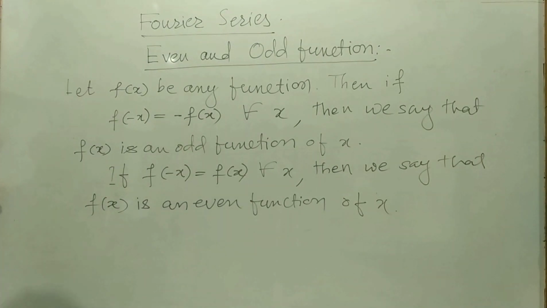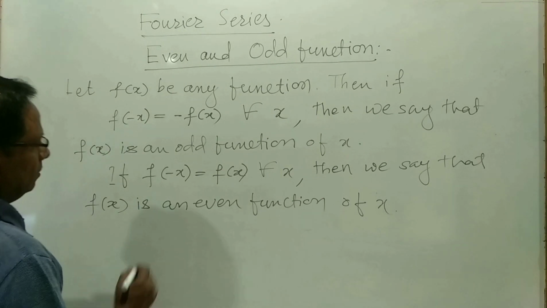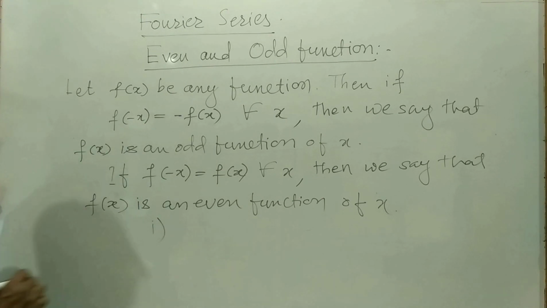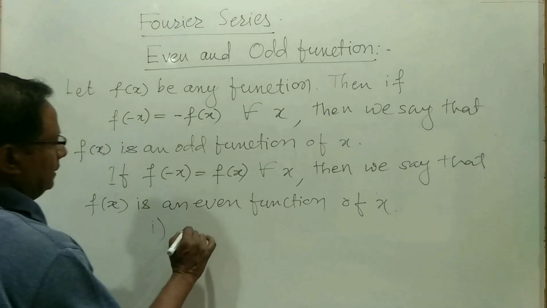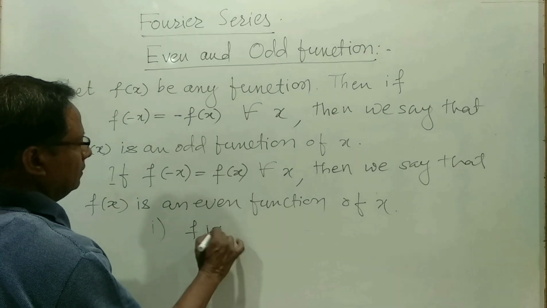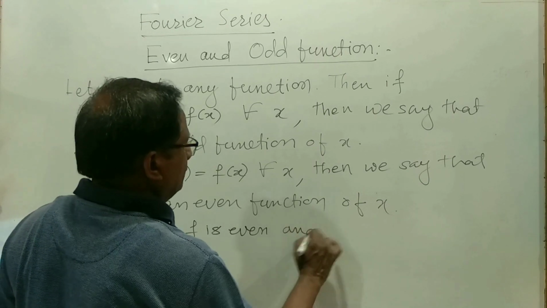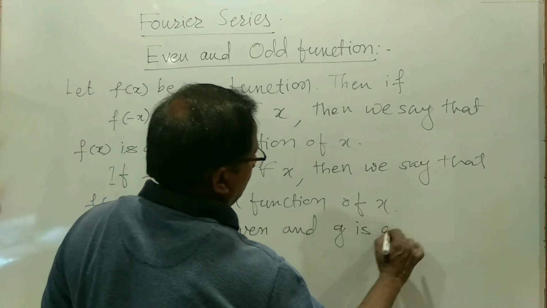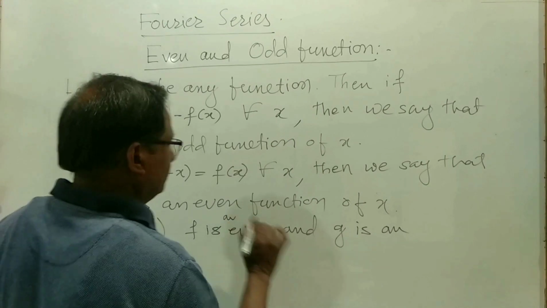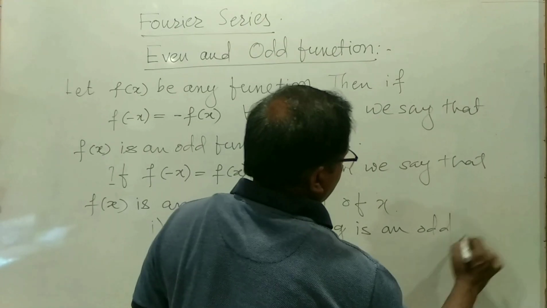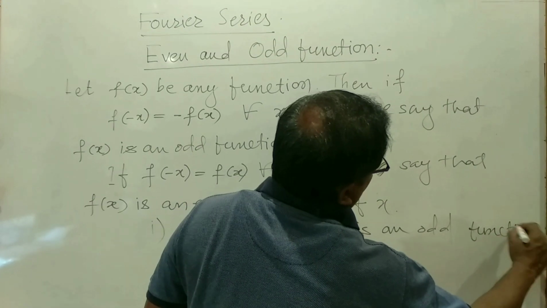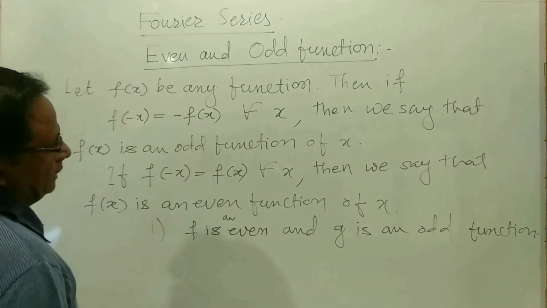Okay, now we will see some properties of even and odd functions. First of all, note this: if f is even and g is an odd function, then their product is an odd function.